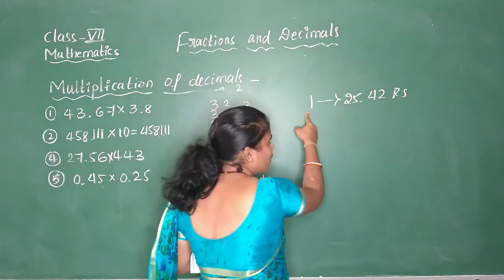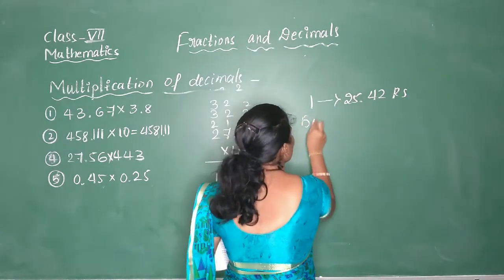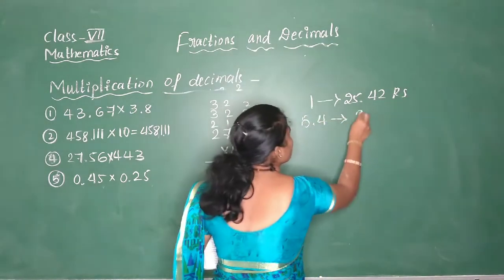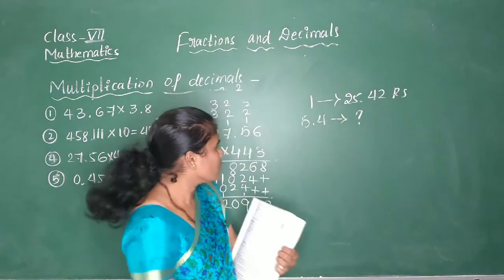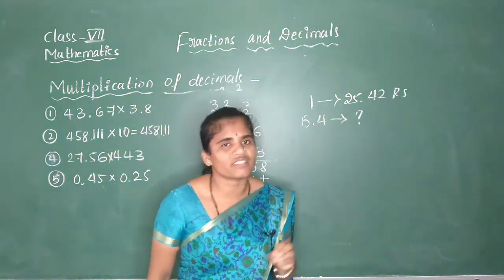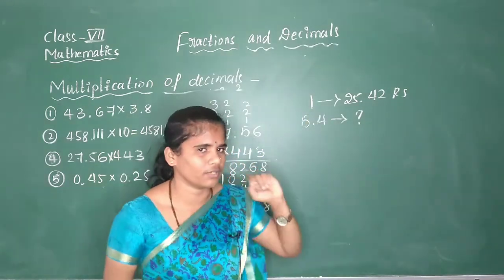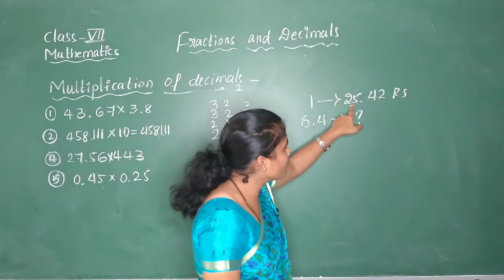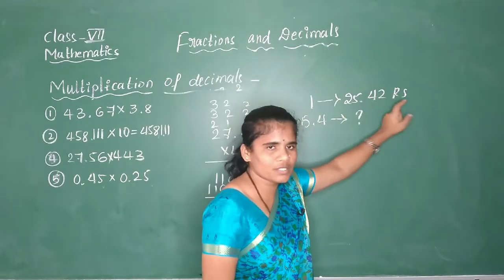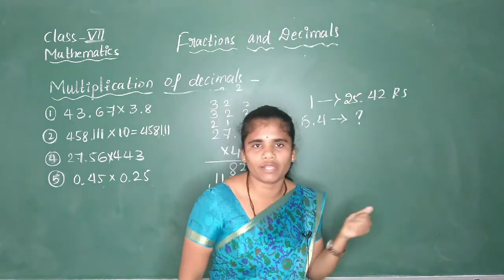For 1 hour 25.42 rupees means for 5.4 hours how much? Like this you write and multiply, you will get the answer exactly. Per hour means for 1 hour. For 1 hour 25.42 rupees means for 5.4 hours how many rupees he will get.